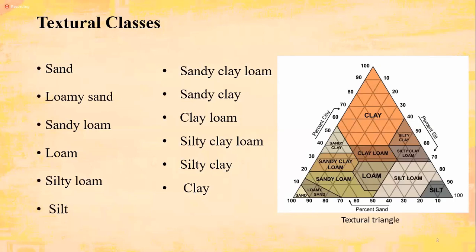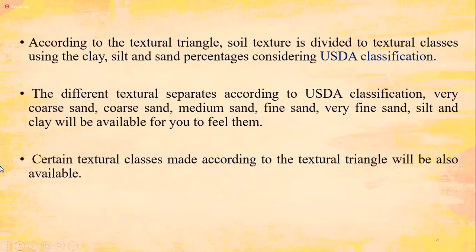Then there is a standard procedure or standard thing to find the texture by feel method. So these things I already mentioned in the introduction. Here they followed some standard method or standard procedure to find out the different textural classes.